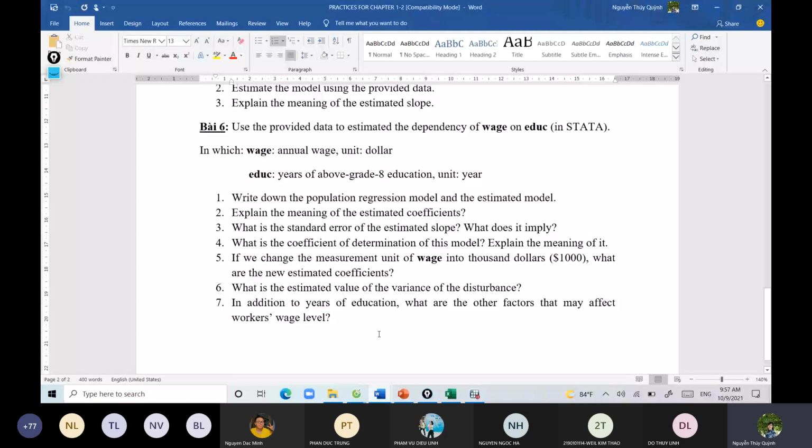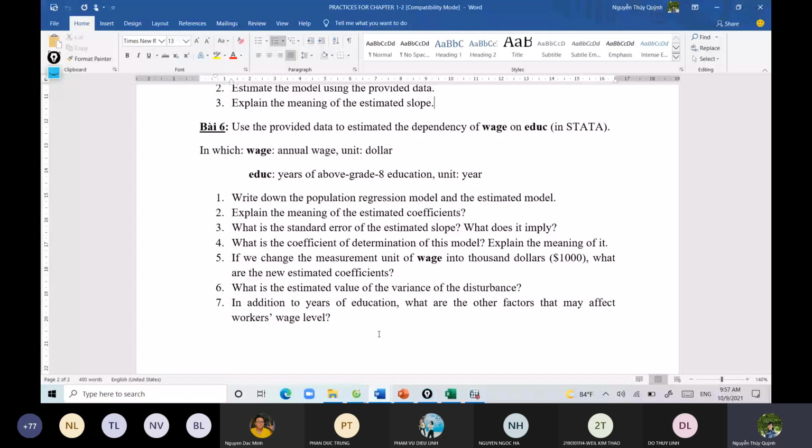It can also be seen that the coefficient of determination of this model is a little bit more than 20%. It means that education alone is not enough to explain the variation in the dependent variable wage, right?